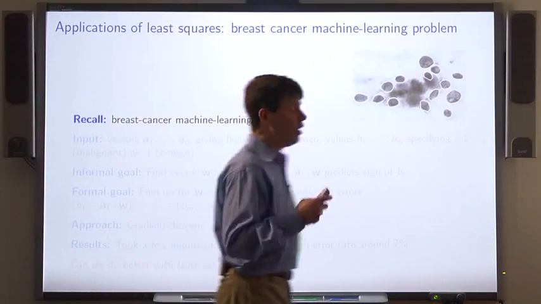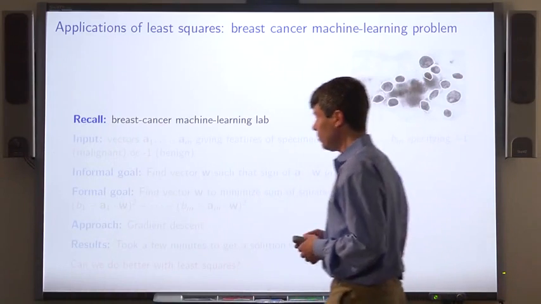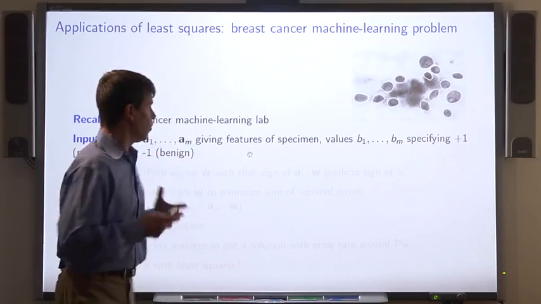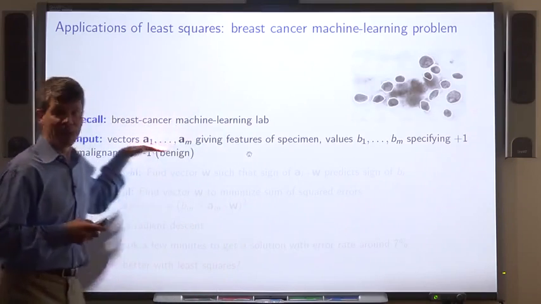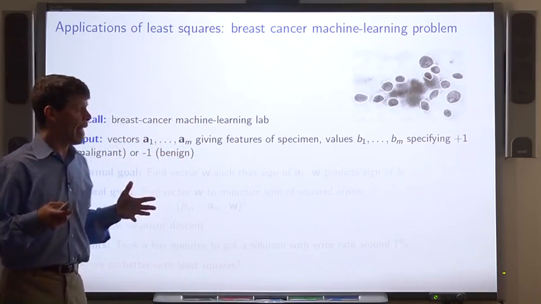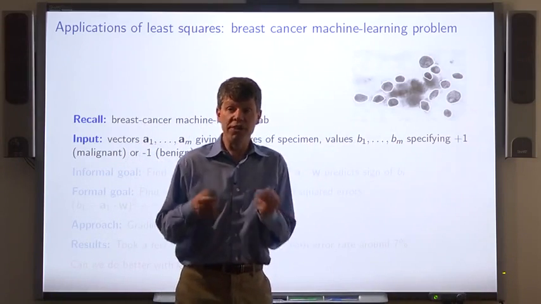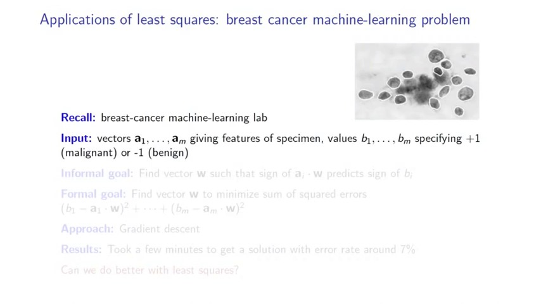Finally, let's recall the breast cancer lab that we did. The problem was this. We had a bunch of vectors specifying features of different specimens and values specifying +1 or -1 according to whether the specimen was malignant or benign. Informally, the goal was to find a vector W that helps you predict whether a specimen is malignant or benign from the feature vector.